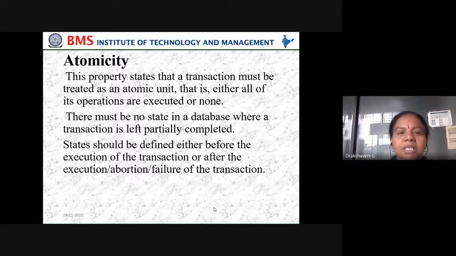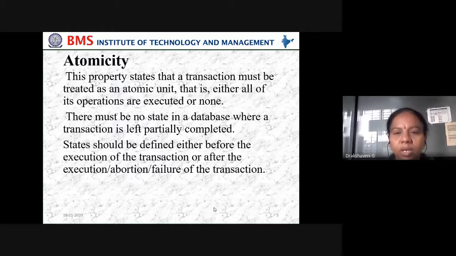This property states that a transaction must be treated as an atomic unit, that is, either all of its operations are executed or none.